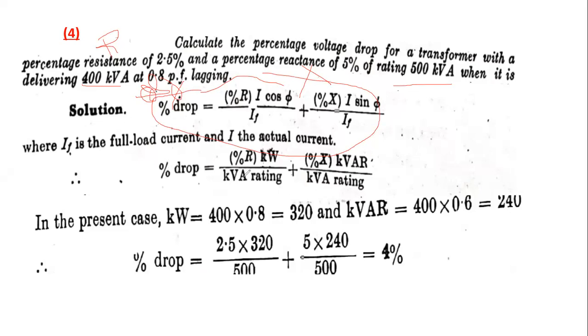Therefore, percentage drop is equal to percentage R times kW by kVA rating, plus percentage X times kVAR by kVA rating.